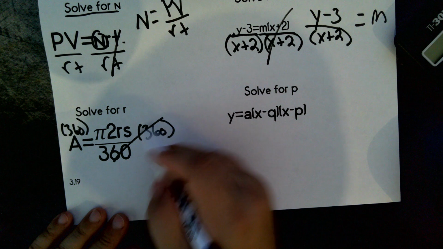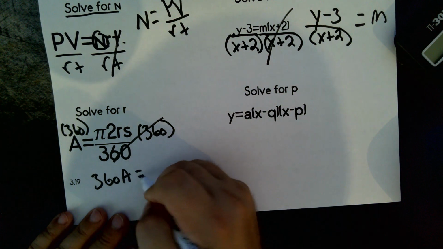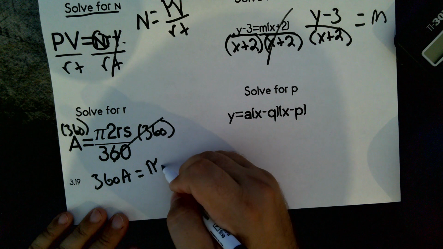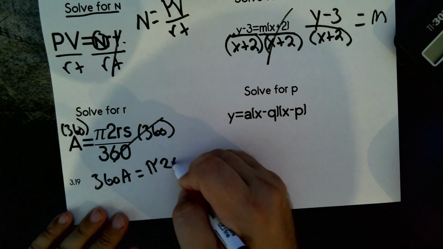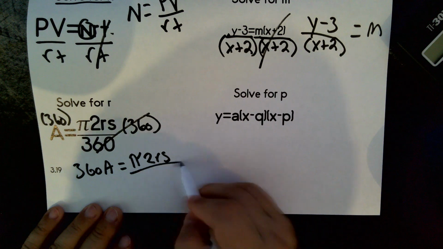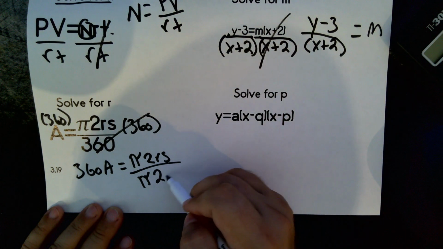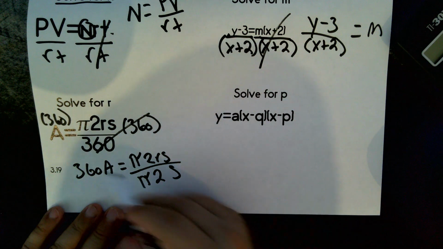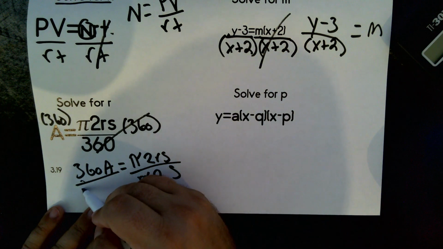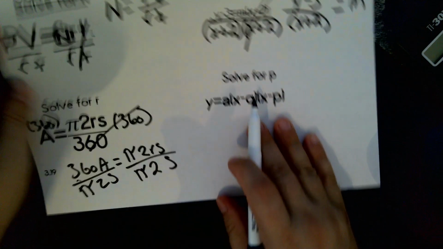This is going to be 360 times A is equal to pi 2 r s. And so I want to get rid of the pi, which is being multiplied. I want to get rid of the 2 and the s. So both sides get divided by pi, 2, and s.